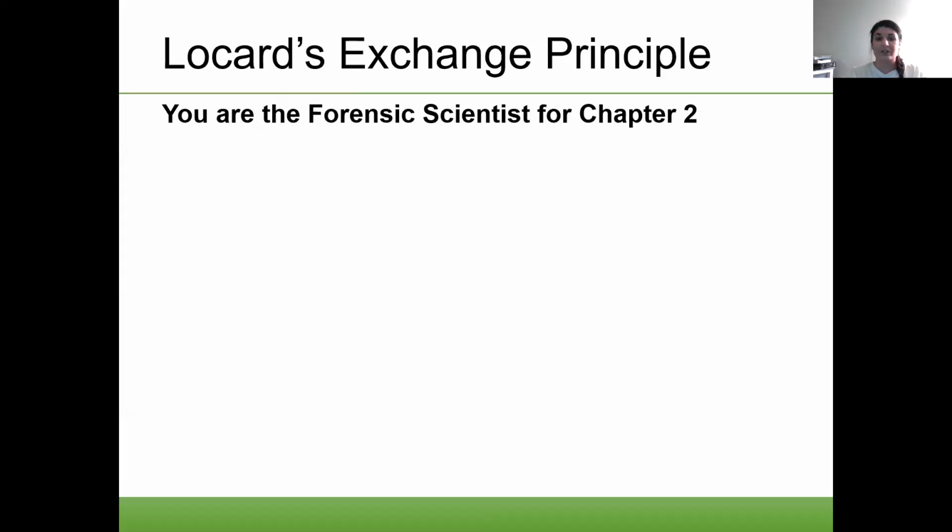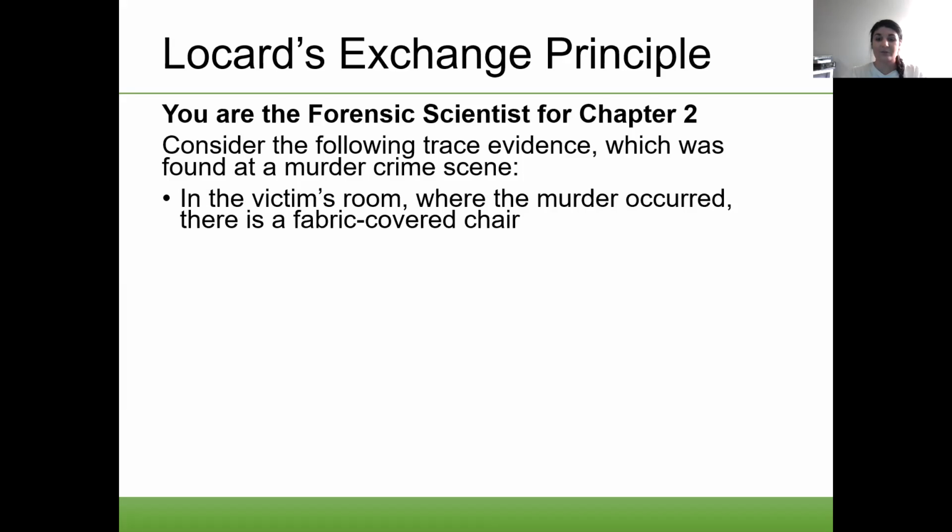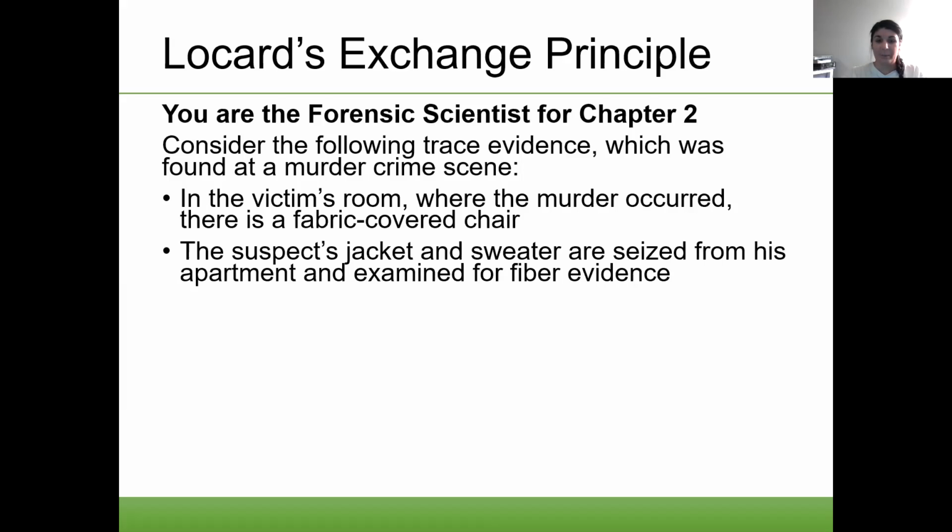So, using Locard's exchange principle, this is the You Are the Forensic Scientist spotlight in Chapter 2. It says, consider the following trace evidence, which was found at a murder crime scene. In the victim's room, where the murder occurred, there is a fabric-covered chair. The suspect's jacket and sweater are seized from his apartment and examined for fiber evidence.